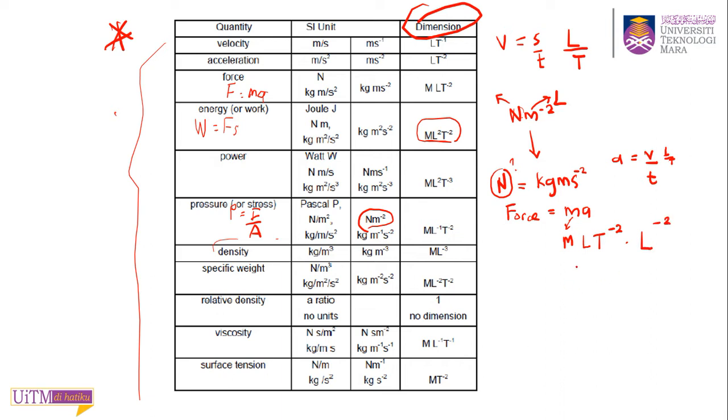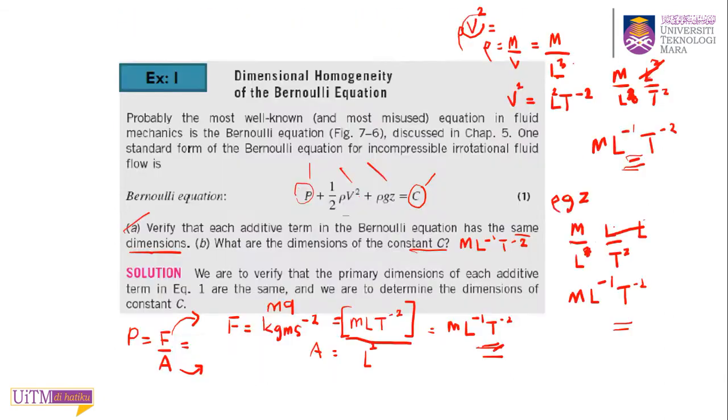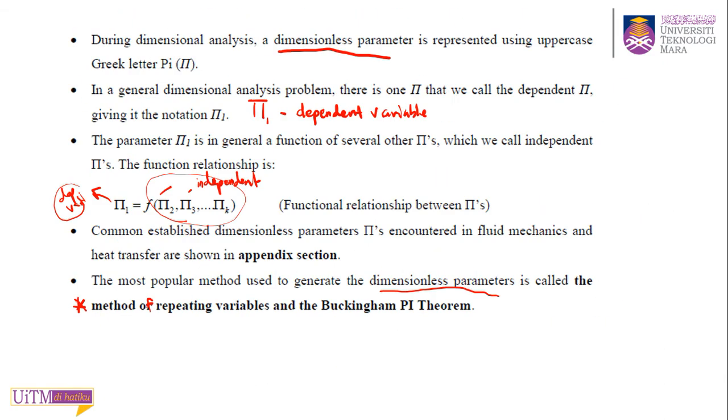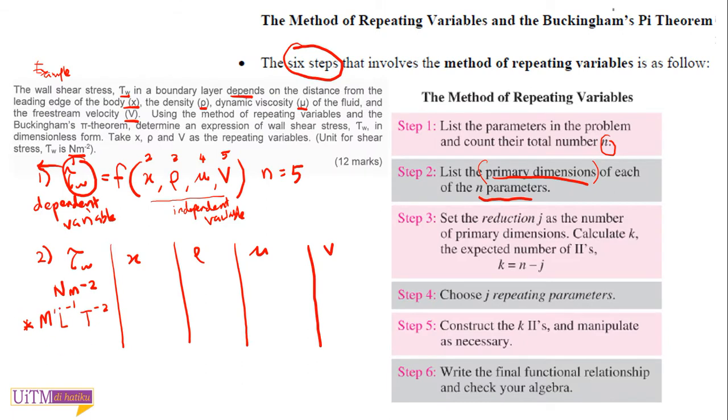So the final primary dimension for stress, Newton meter minus 2, will be M L minus 1, because you have L1 here and 1 plus minus 2 gives minus 1, and T minus 2. That's how you get the primary dimension for the shear stress from the unit: M1 L minus 1 T minus 2. Okay, how about the distance x?